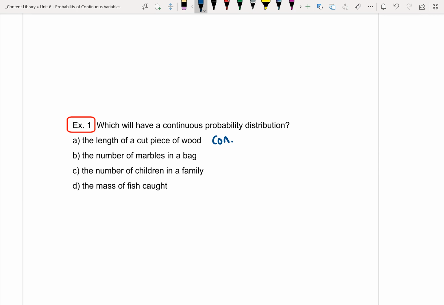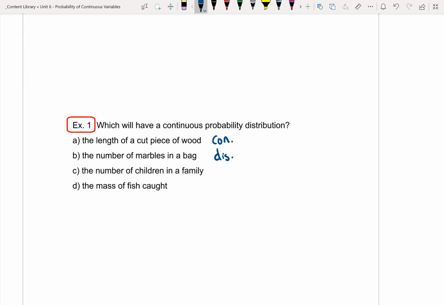It's not just going to be specifically set values. For the number of marbles in a bag, this would be discrete because again, there's only set numbers. It's not going to be a range of values. For example, I'm not going to have anywhere between 1 and 2 marbles, like 1.1, 1.2, 1.3, and so on. So it's going to be simply either 1 or 2.